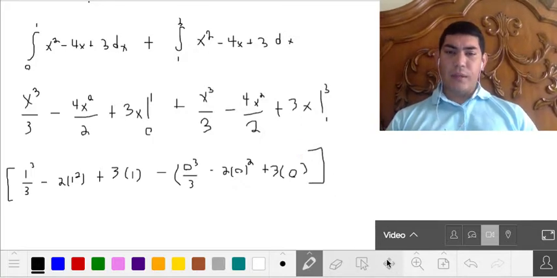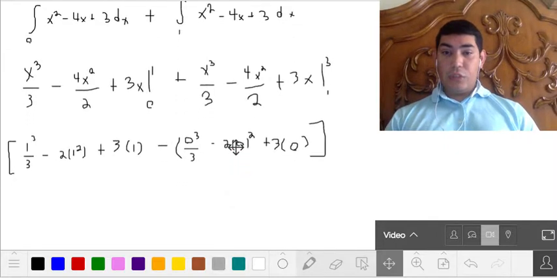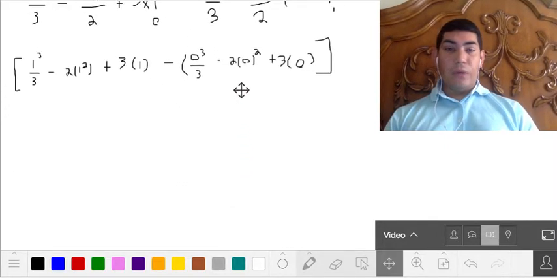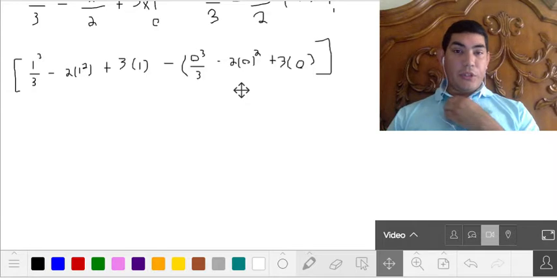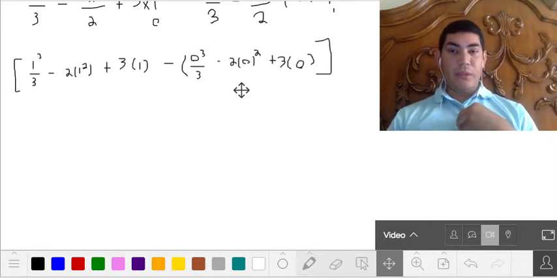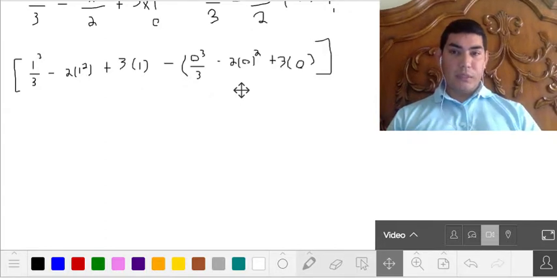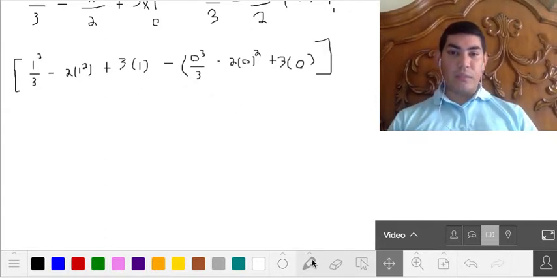If we look at the right side, 0 cubed is still 0, so 0 divided by 3 is 0. 0 squared times 2 is 0, and 3 times 0 is 0. So all that information is going to be just equal to 0.